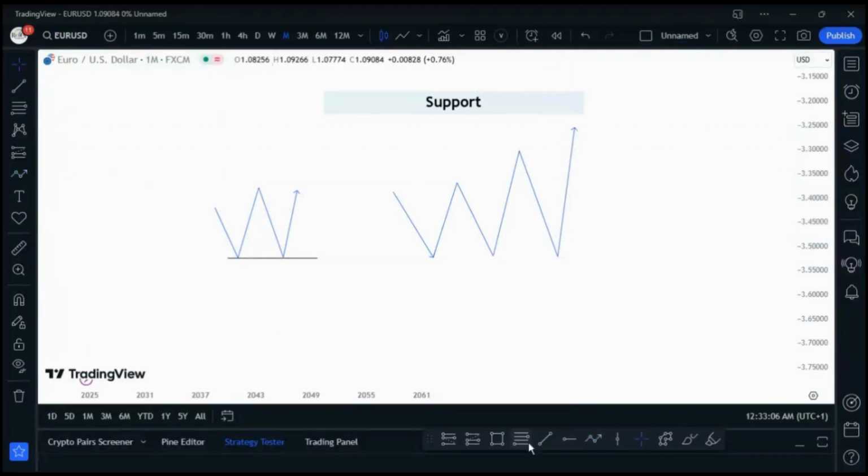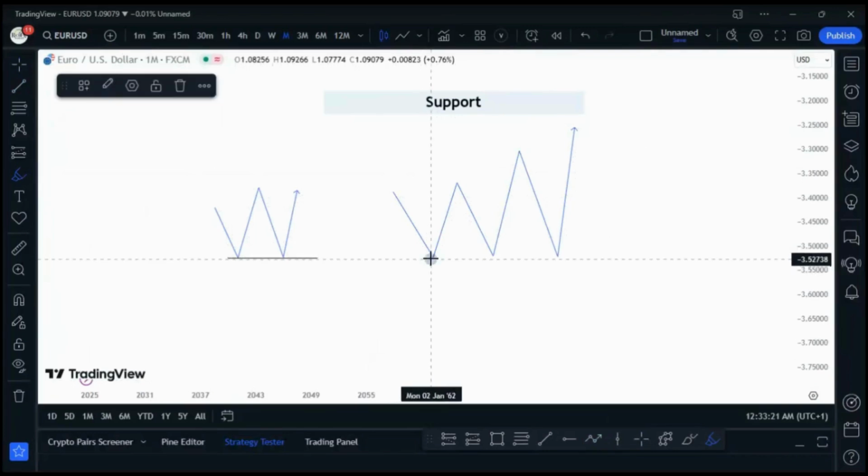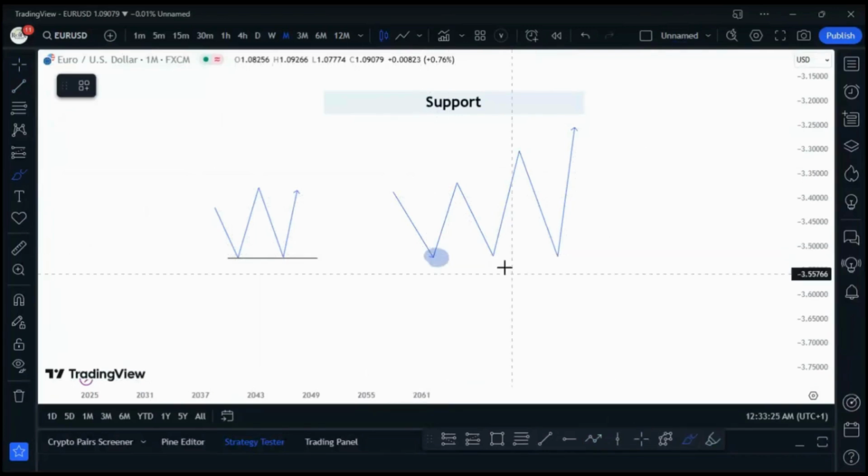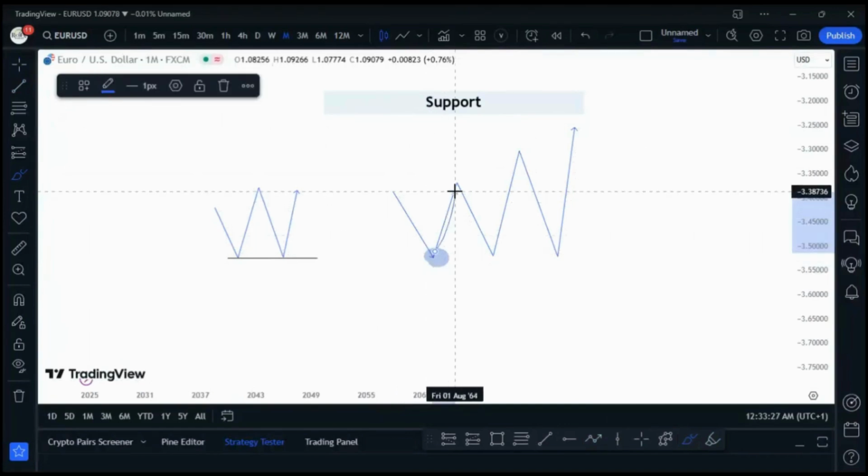A support level. So what you do is that once you notice that price has moved to a certain level, comes up, goes to that same level, and did not break below the low of that level, but instead it bounces off, comes back, we can say that that is a support level.